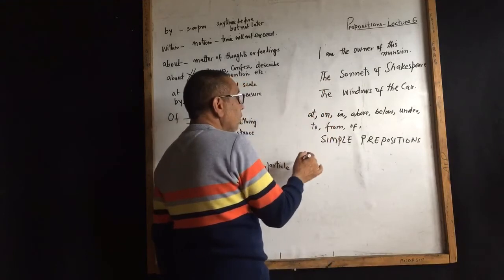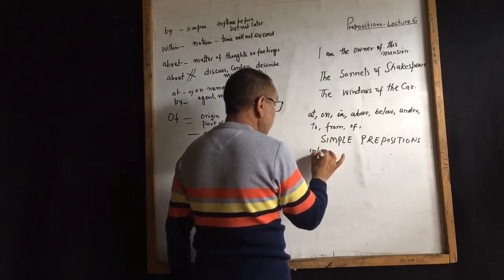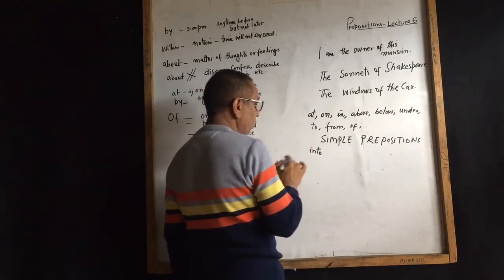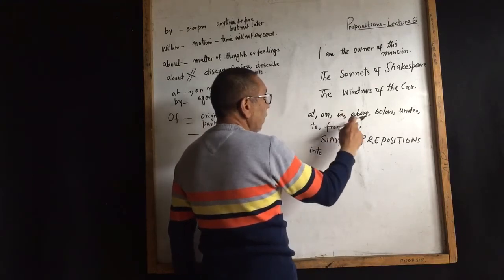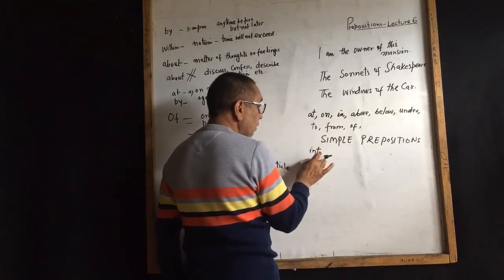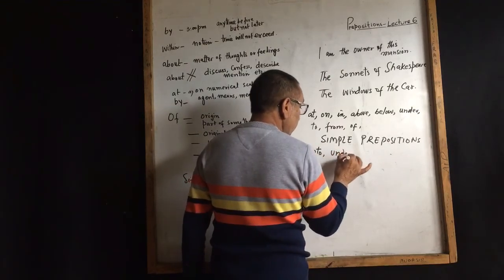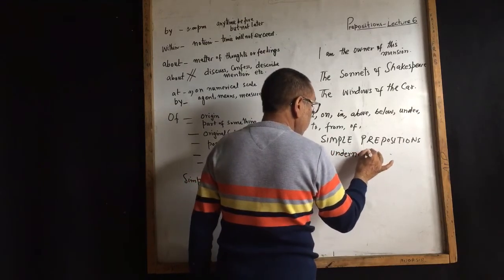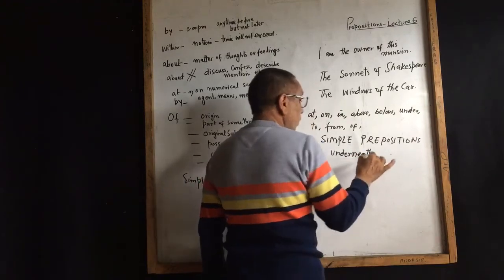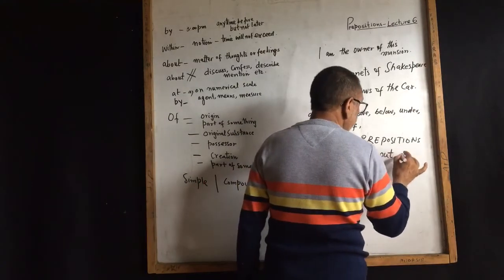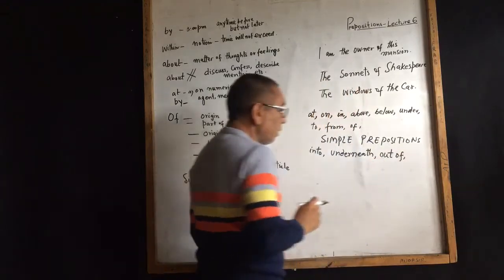Now accordingly, when we say in, into, in and to, you see, these are two prepositions. For example, under, we say underneath, we say out of, isn't it?